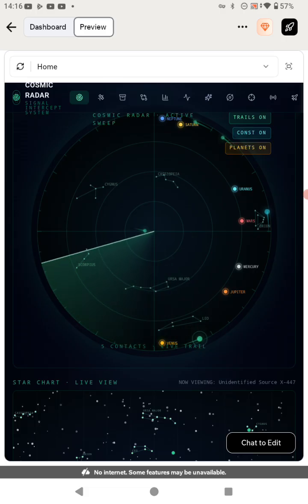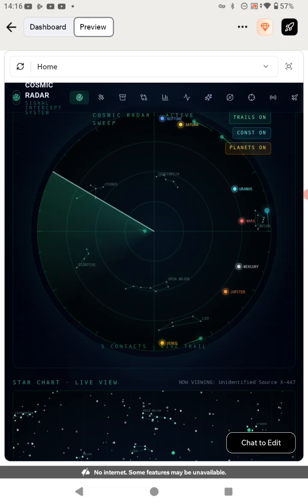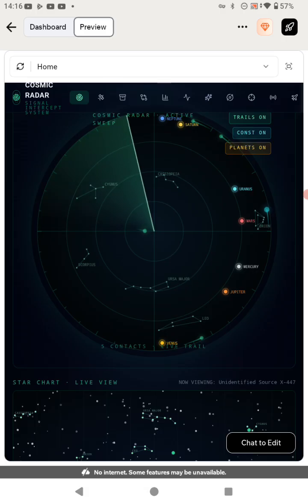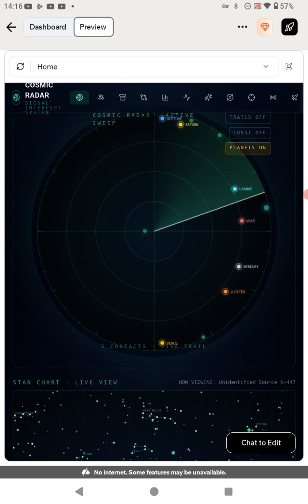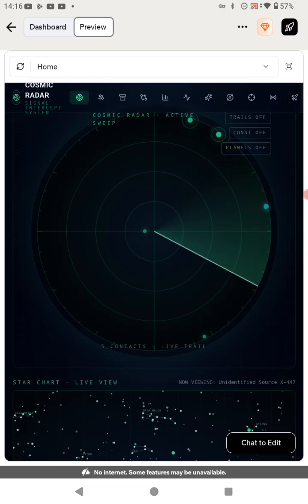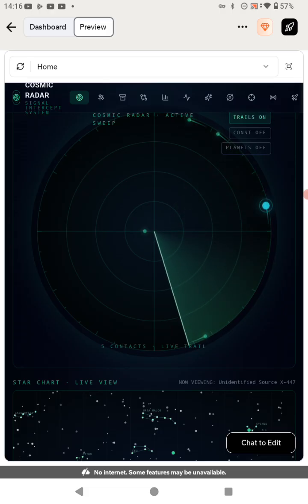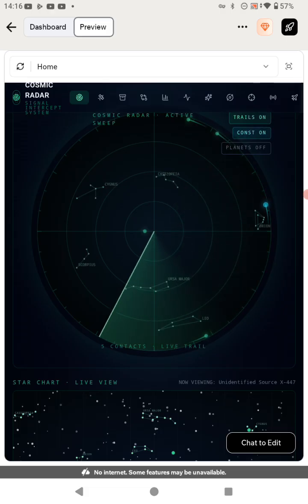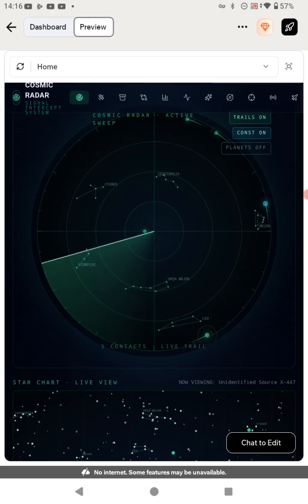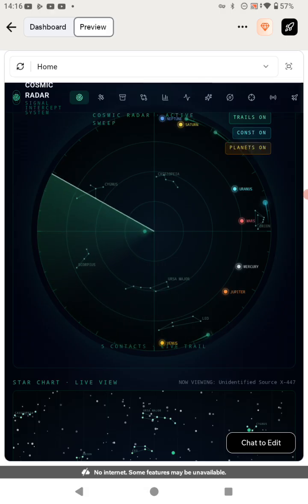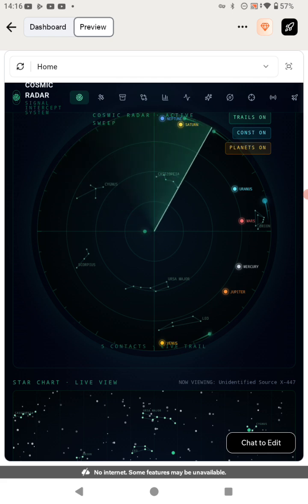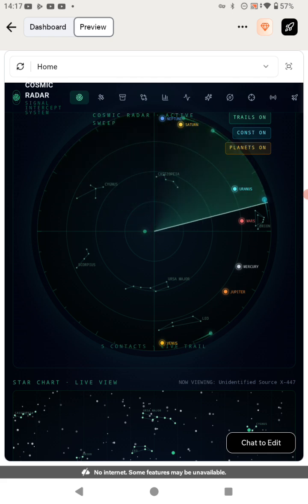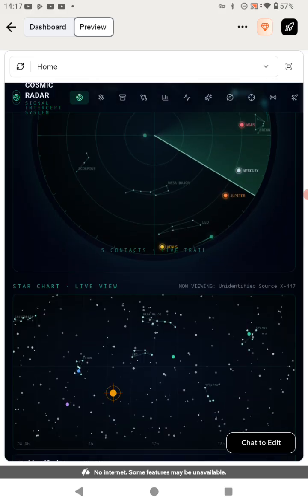This is a bit too late for me to read all of them, but we can turn the labels off too. Now, as you see, bingo. Or you can have them on. It's entirely up to you, which is a good feature, which I do like, because then you can get used to spotting the different planets or stars on your own.